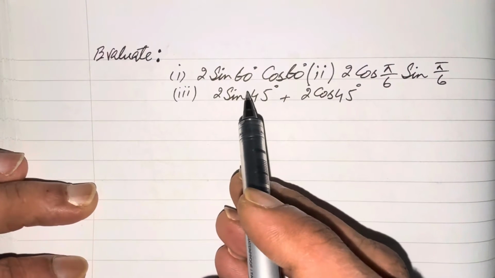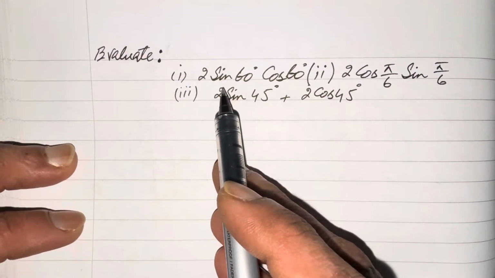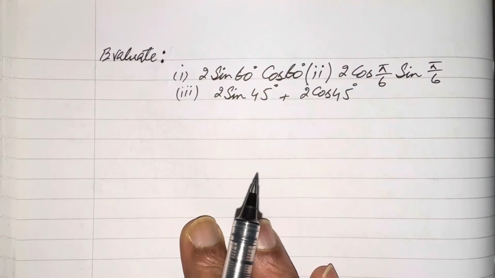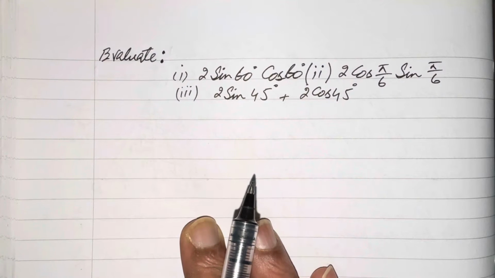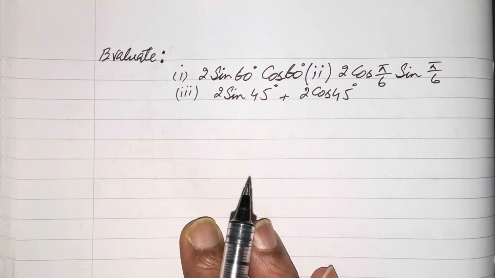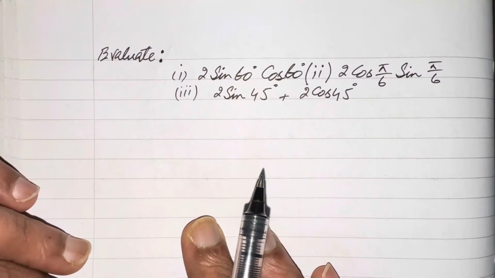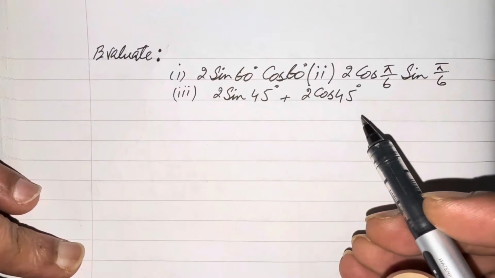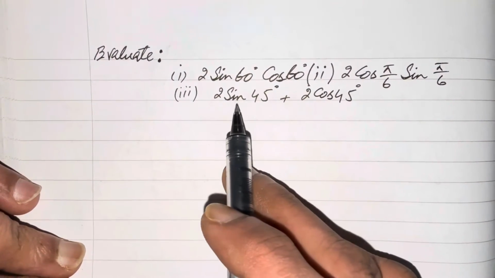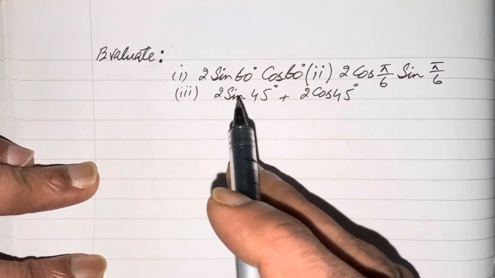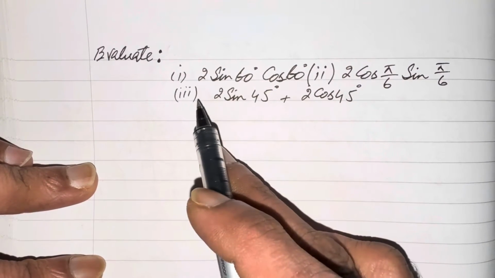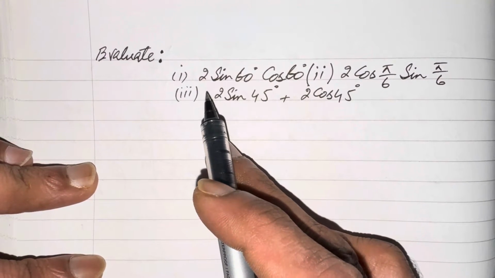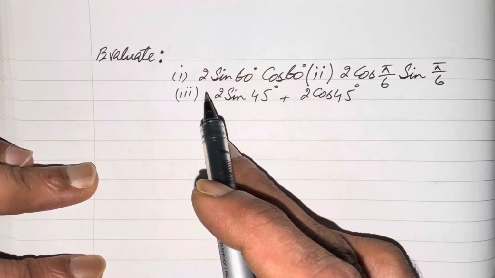As we studied the trigonometric ratios in our last lecture, we made the table of the trigonometric ratios for 0 degrees, 30 degrees, 45 degrees, 60 degrees and 90 degrees. If you want to see how we made the table and found the trigonometric ratios of these angles, just watch my last video so you can understand.